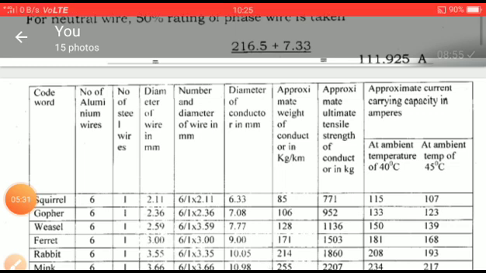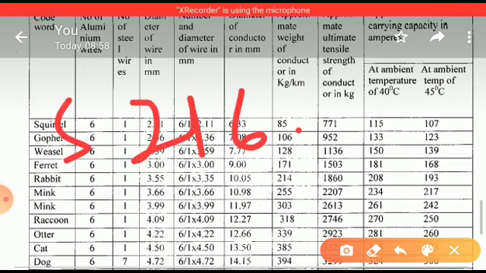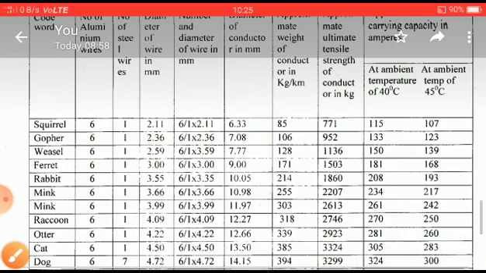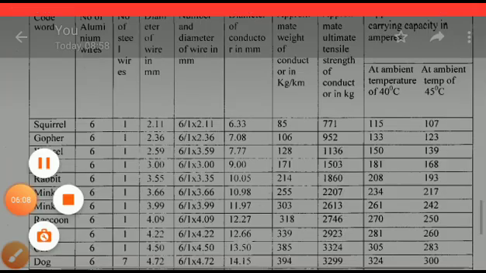So see the conductor required for us here. We have got the total safety current of 216.5 ampere, so we have to select the conductor based upon this table. 216 lies between 217 and 234 ampere, so we consider this one.